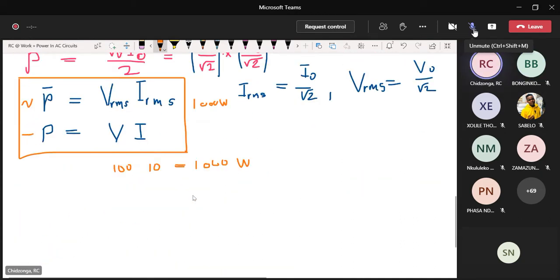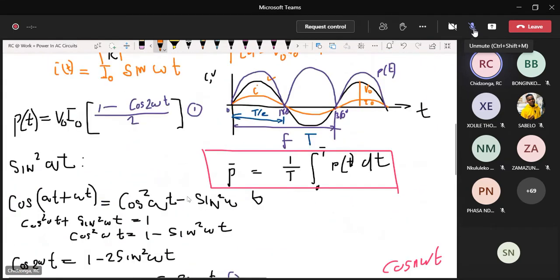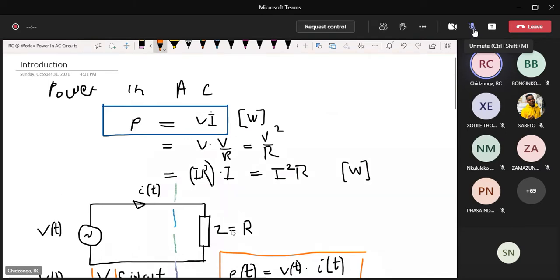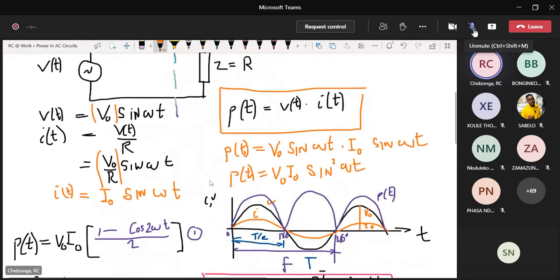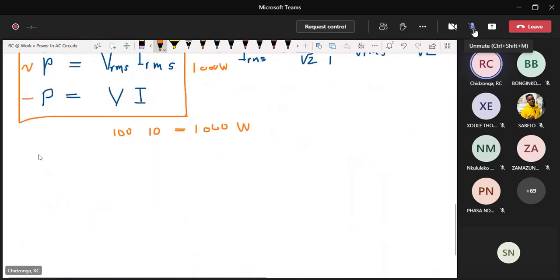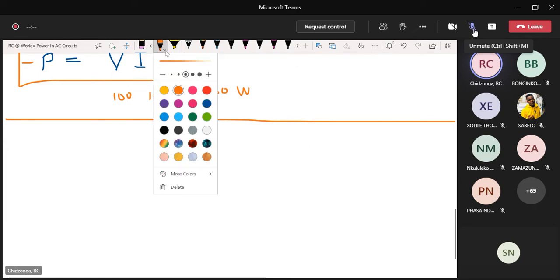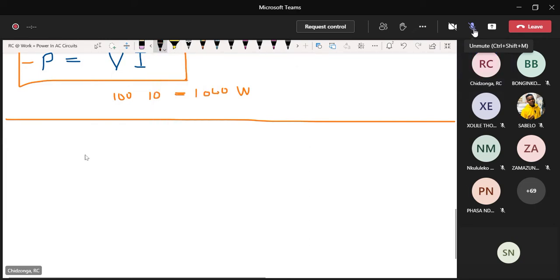Now, we have looked at the case of a resistor, right? There, the circuit is a resistor. I'll now revert back to a general case.